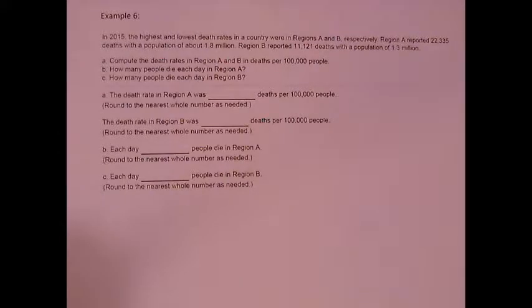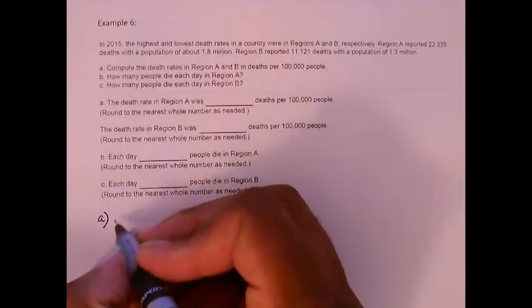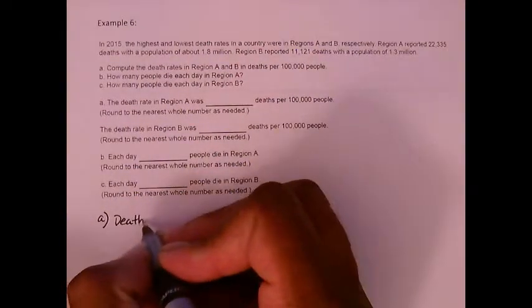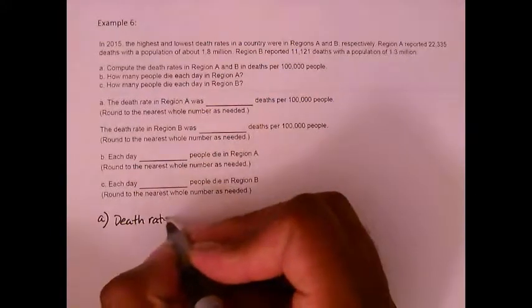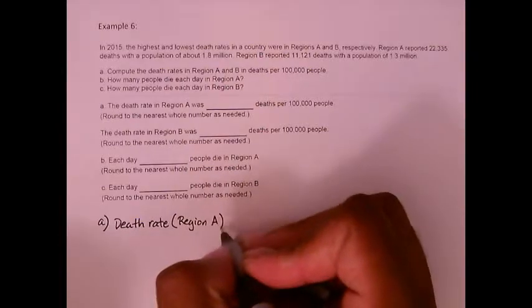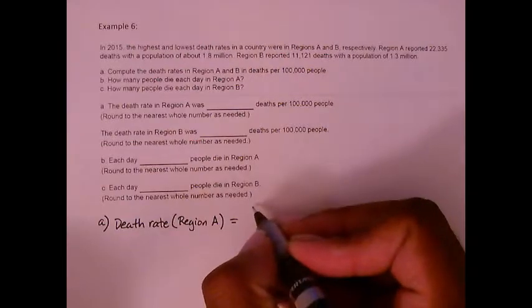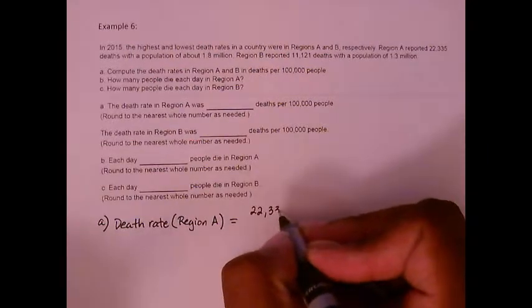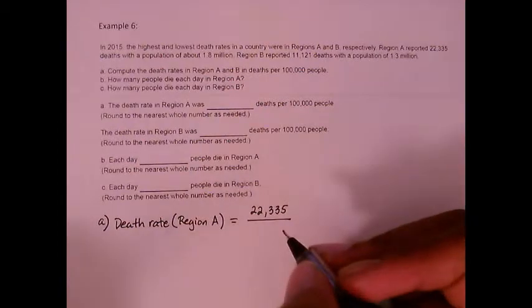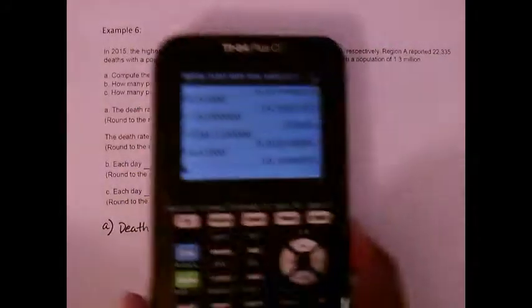So in part A, the death rate in region A was how many deaths per 100,000 people. In this case here, the death rate, and I'll say in region A, we take the number of deaths in region A, which was 22,335, divided by the population in region A, 1.8 million.